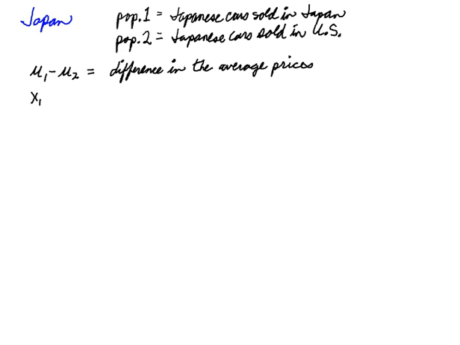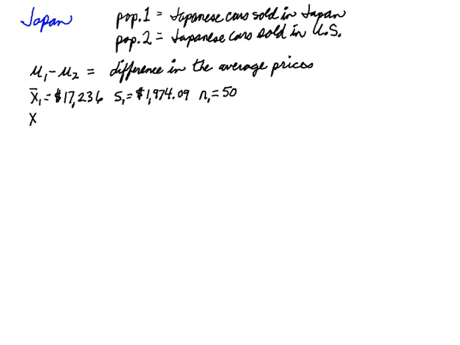X sub 1 bar, the sample that was taken out of population 1, gave an average of $17,236 for the price of the cars, and a sample standard deviation of $1,974.09. The sample size, n1, was given as 50.